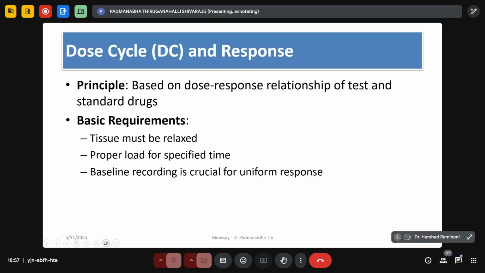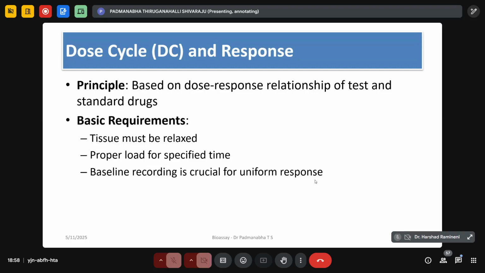The basic requirement: the tissue must always be relaxed, otherwise you will not get a specific effect of the unknown compound on the tissue. Proper load for a specified time has to be there. Baseline recording is crucial for uniform response. You need to record the baseline properly to check whether the tissue is responding or not.